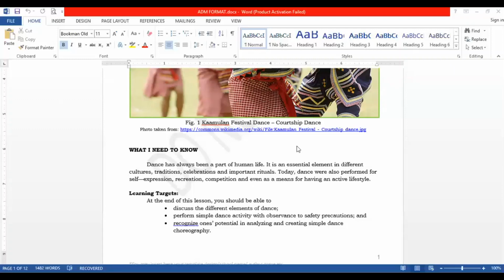So doon pa lang, I am aligned with the philosophical foundations of the K-12 physical education curriculum, which is grounded on fitness. Okay? So, sa introduction part pa lang, nakikita ng bata kung saan natin siya dadalhin. Gagamitin natin ang lesson na ito for fitness.